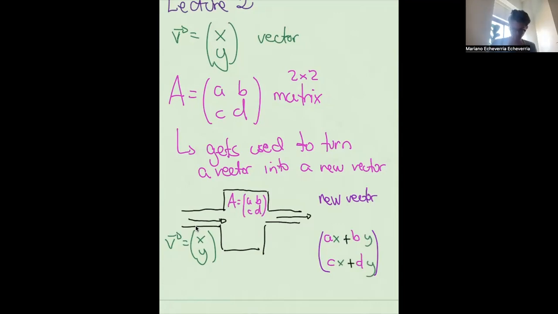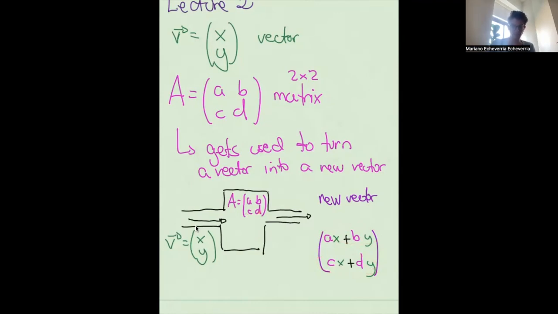The first entry of the vector is going to be ax plus by, and the second entry of the vector is cx plus dy.